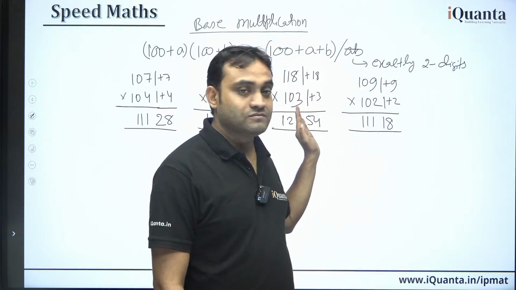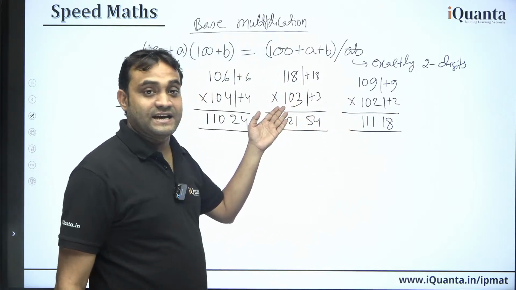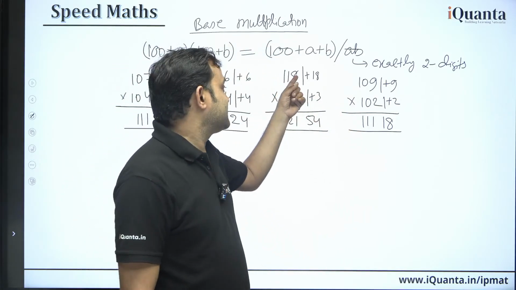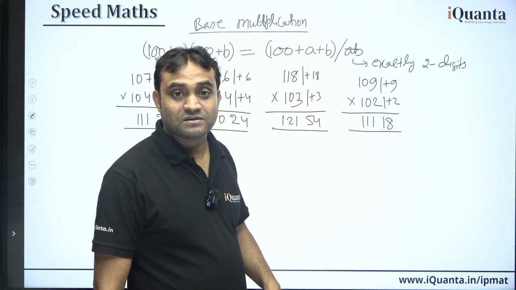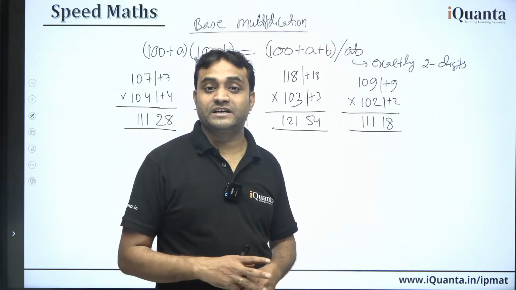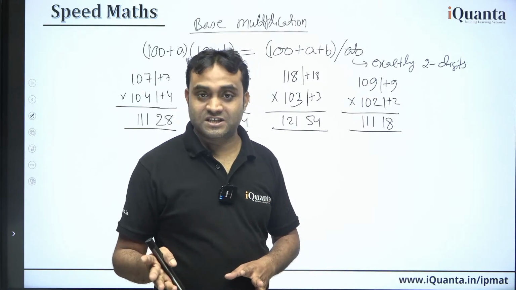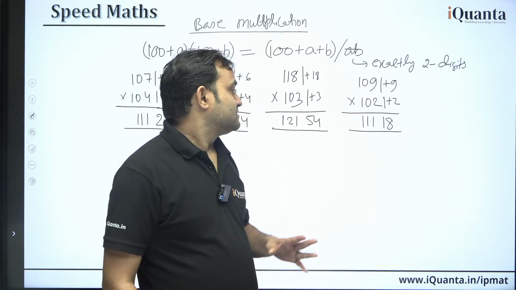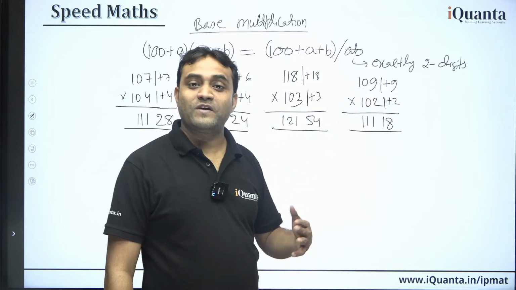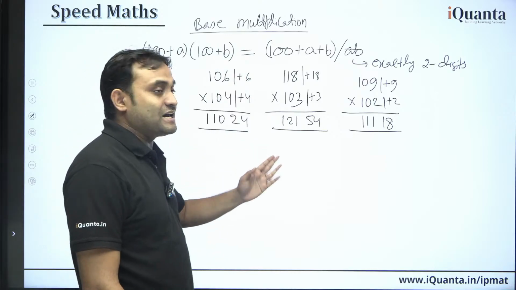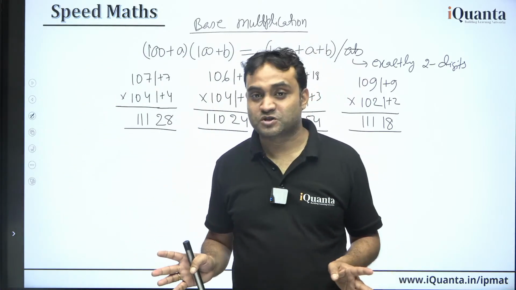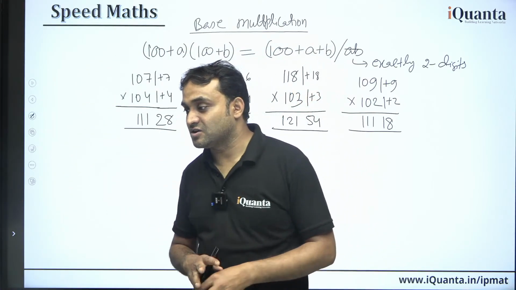In this case, let's say the speed is increased by 18% and the time is increased by 3%. By what percent will the distance increase? So speed into time is distance. Okay, so it will be 21.54%. So all of these can be used for multiple purposes, all right?